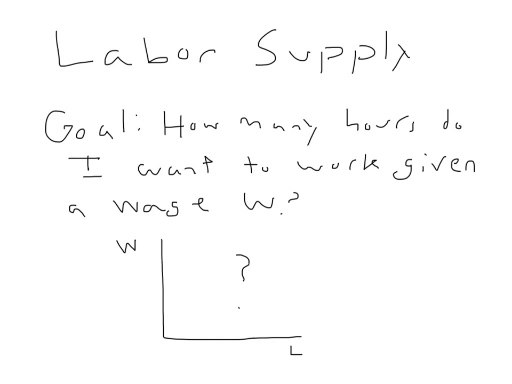So our goal is, given a wage W, how many hours is our model worker going to want to work? We'll end up with a curve with W on the vertical axis and L for labor on the horizontal axis. We're assuming that, for the most part, it's going to slope upward, maybe like this, a straight line.